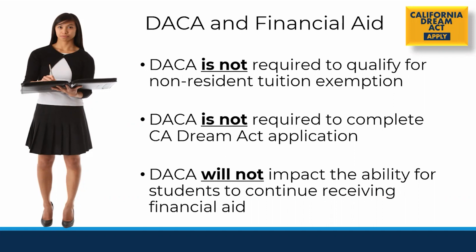So DACA status and the ability to meet AB 540 and fill out the California DREAM Act application are two different things. And it can be confusing because, let's face it, DACA and the DREAM Act application serve kind of the same cohort, the same group of people. So knowing that, sometimes students and their families get confused that they're interrelated somehow, or that you have to have DACA to apply for financial aid, and that's not the case.